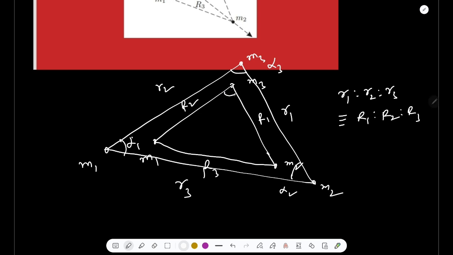Like this angle is alpha 3 and this angle is alpha 3, this angle is alpha 1, this angle is alpha 1, this angle is alpha 2, then this angle is alpha 2.